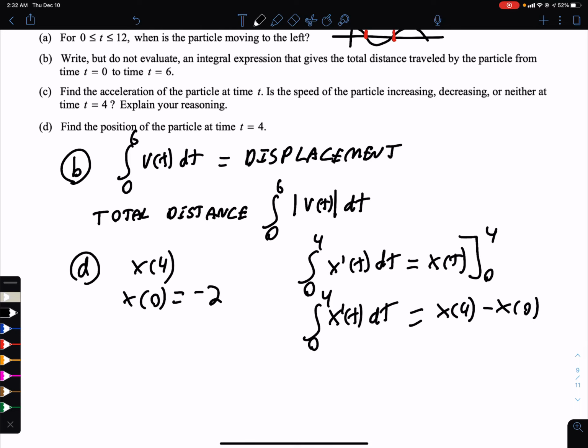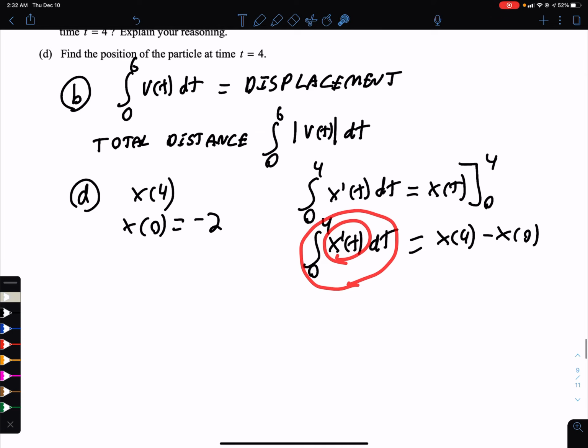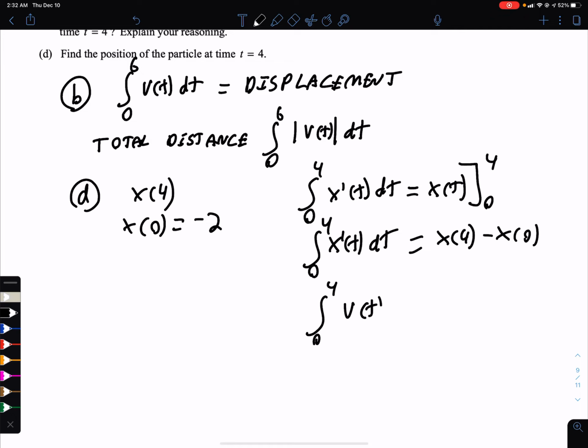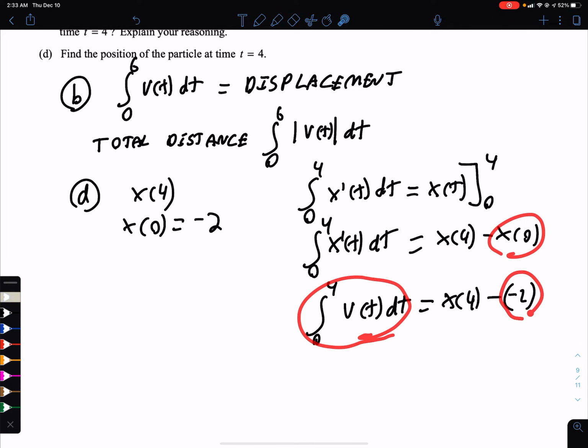But check this out. I can pop this in a calculator and get an answer because x prime is v. So let me write that down. And I know x sub 0. That's negative 2. So check this out. I know that, and I can calculate this on the calculator. I can solve for x sub 4 now.